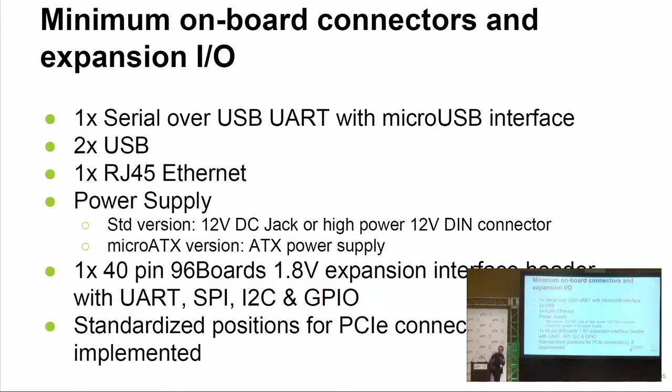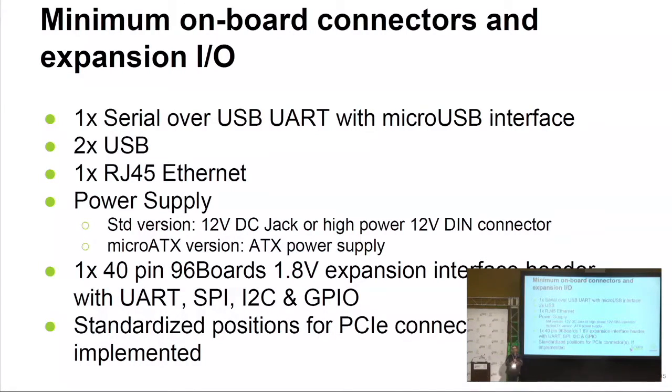Here we have the minimum set of onboard connectors, expansion I/O. The specification is pretty detailed. Serial over USB, using a micro USB interface, 2 USB ports, RJ45 gigabit Ethernet. This is very important.